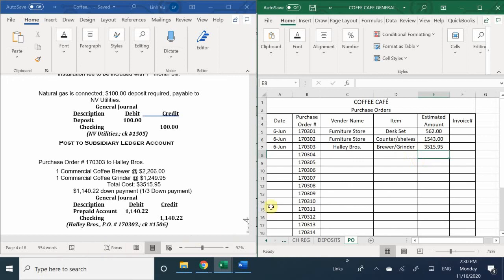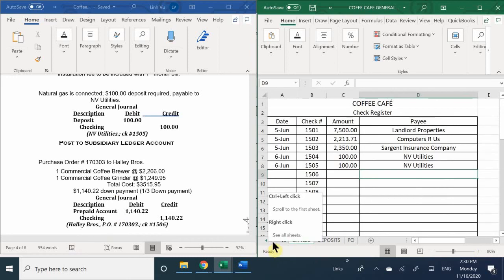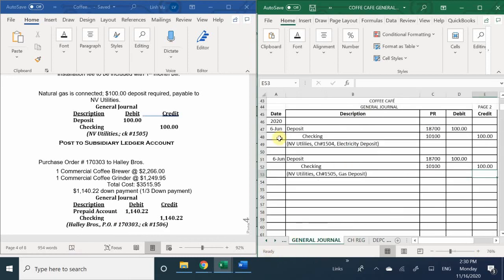Because this transaction is in regards to making a payment for this machinery, we're also going to record that transaction because we did make a payment to Haley Bros. Because it is an advanced payment, we call that a prepaid account. Okay, prepaid accounts. And how did we pay for it? With a check.